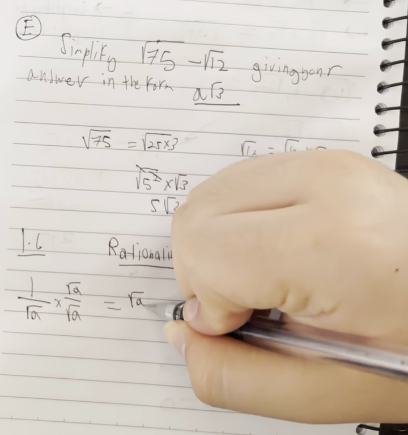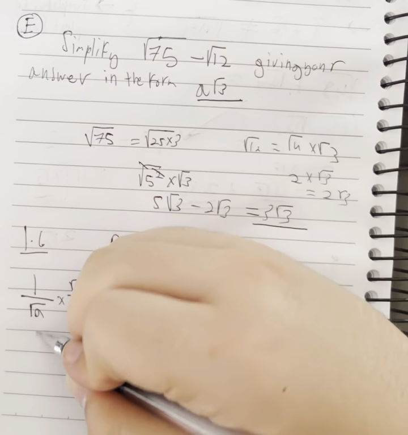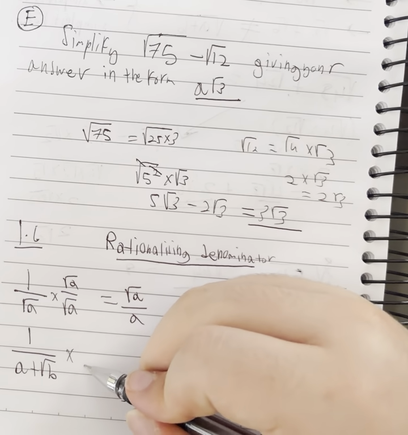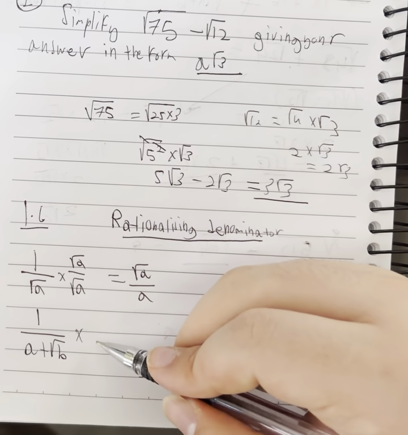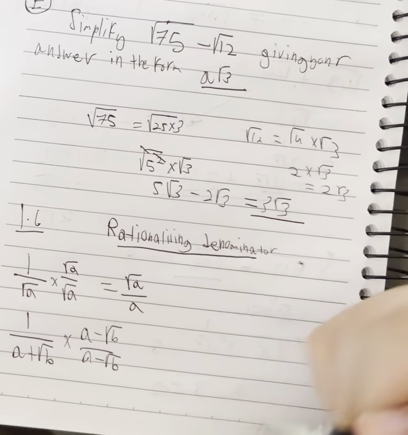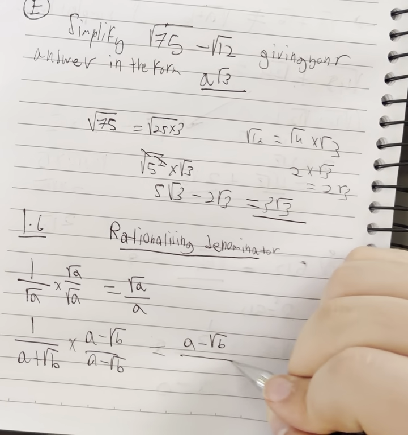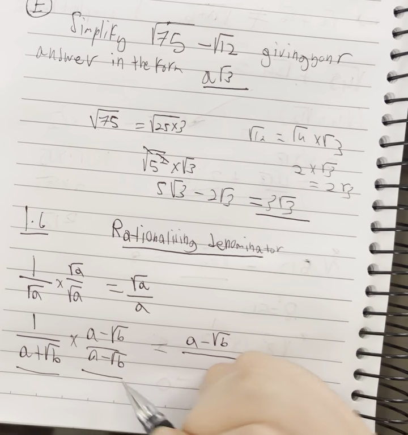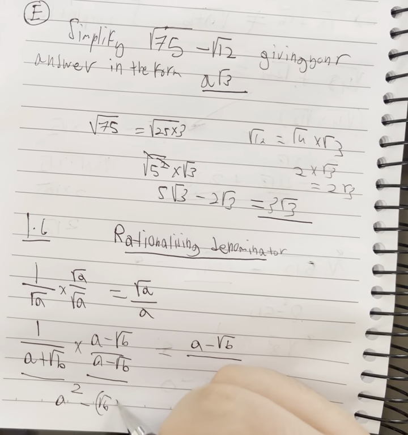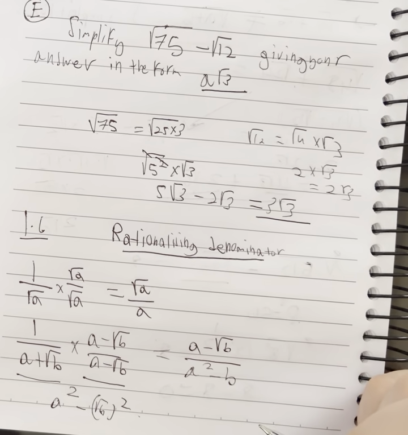So you get root a over a. If you have 1 over a plus root b, you multiply by the same, but you just change the sign. So a minus root b over a minus root b. Now here you have a difference. We can write this as a squared minus root b squared, which gives you a squared minus b.